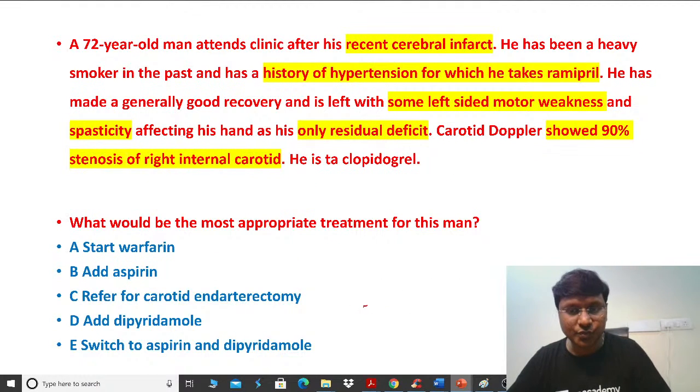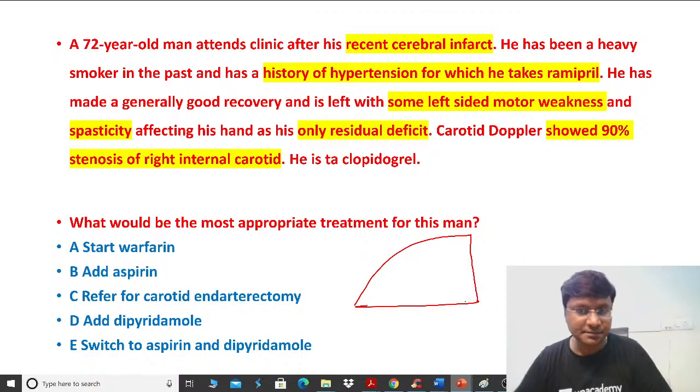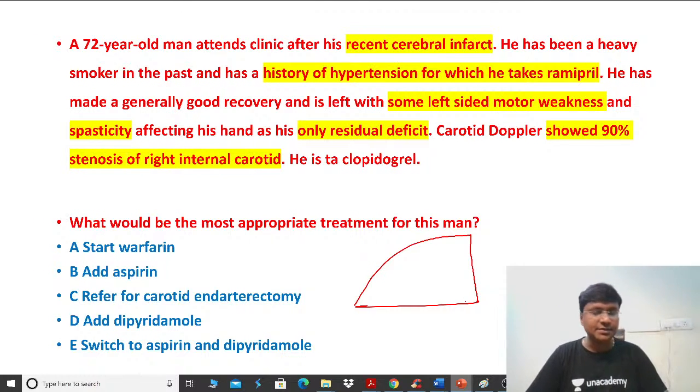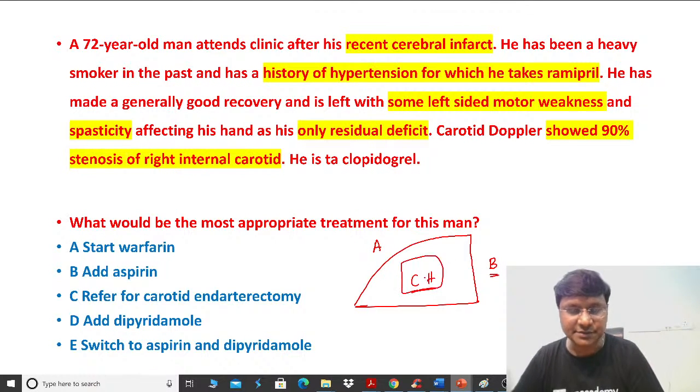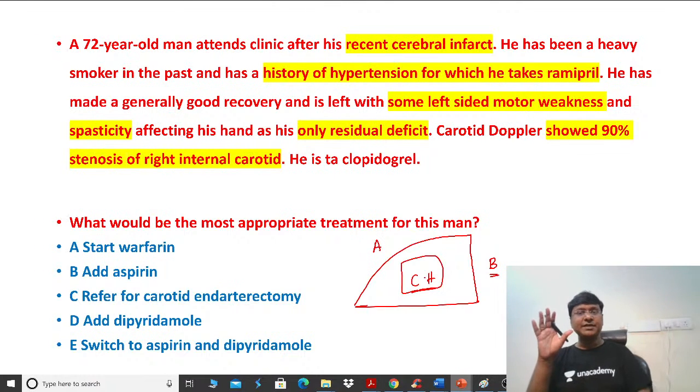Now, consider this is your cerebral hemisphere. Okay, I'll give you two sides, side A and side B, in the cerebral hemisphere. Now, in this patient, tell me which particular part of the cerebral hemisphere is affected.